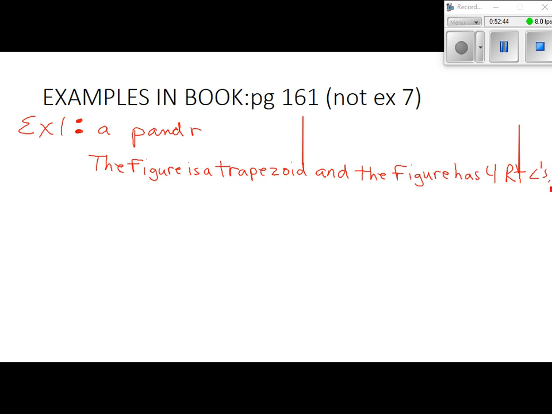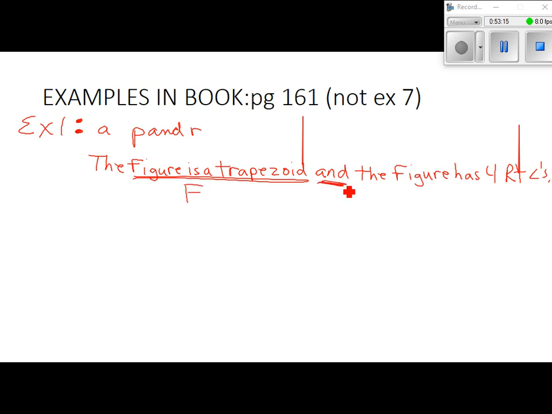Use your abbreviations to make this shorter in your writing. We're trying to decide whether this is true or false. First of all, they give you a picture out to the side, don't they? Is that figure a trapezoid? True or false? False.